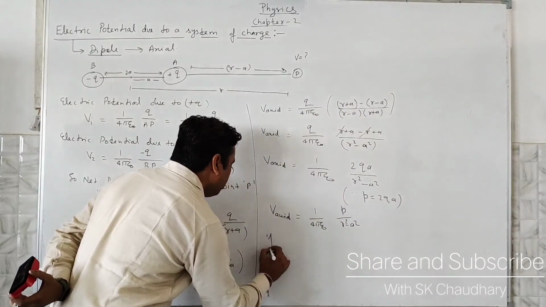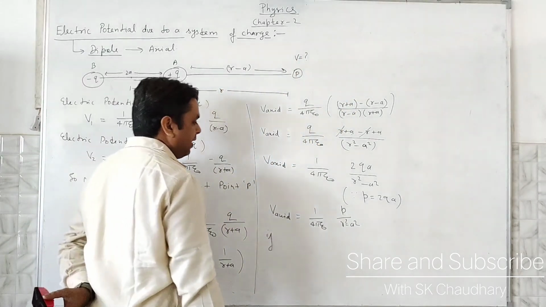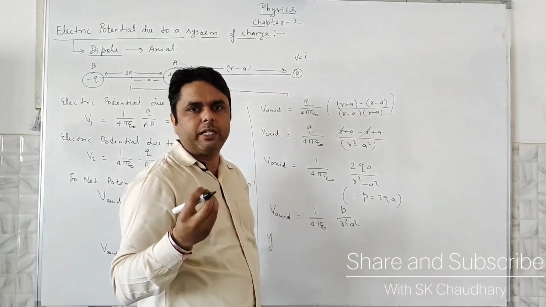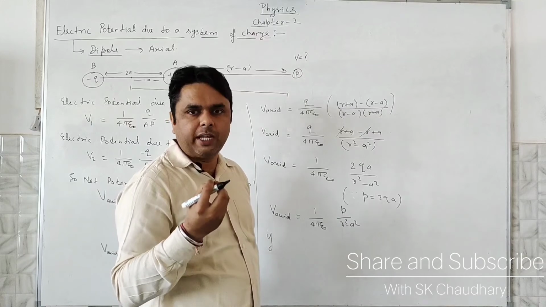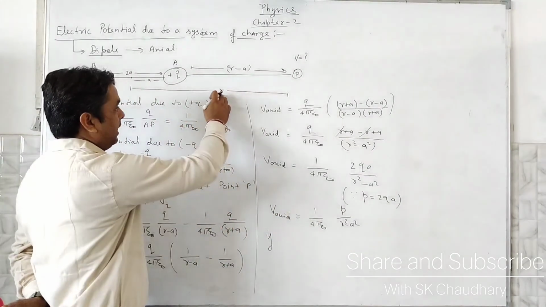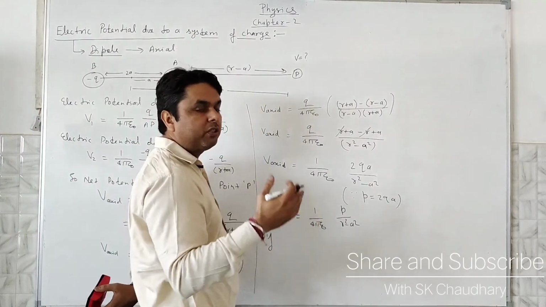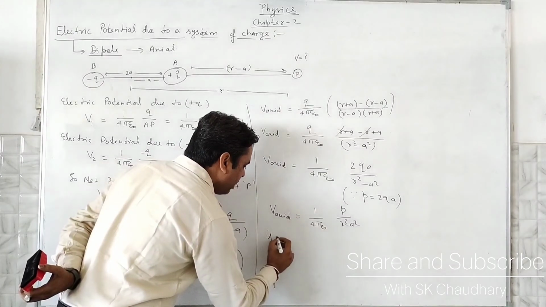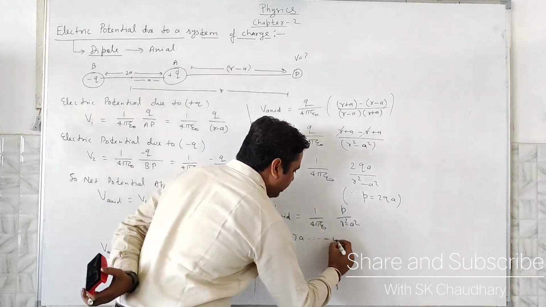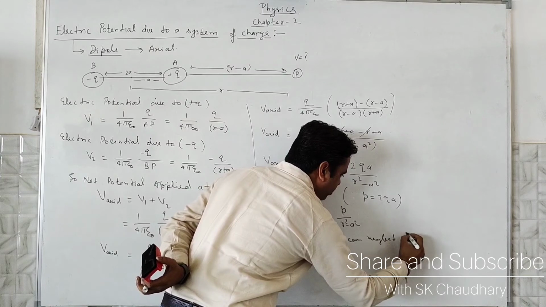If the point P is very far away from this dipole, what will happen? R will be much greater than the distance between the dipole charges. You know the dipole distance is very small, in the angstrom or nano range, while the distance of point P from the dipole is 1 meter, 2 meter, 3 meter, and more. So R is greater than A, and we can neglect A square.